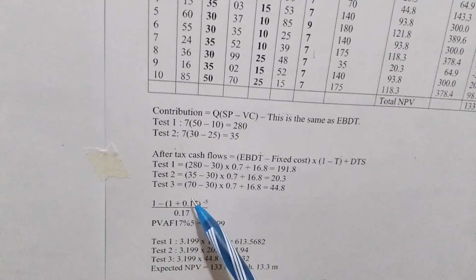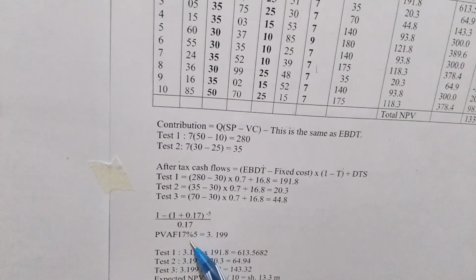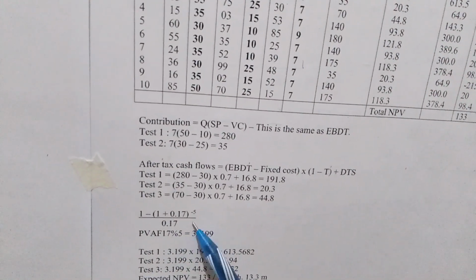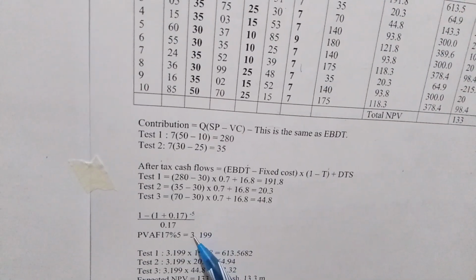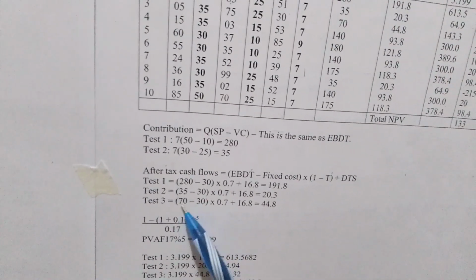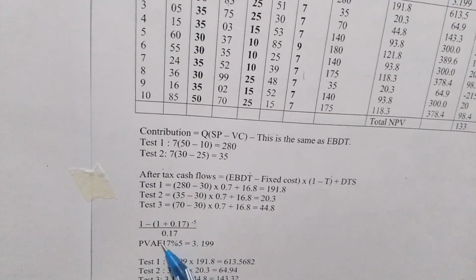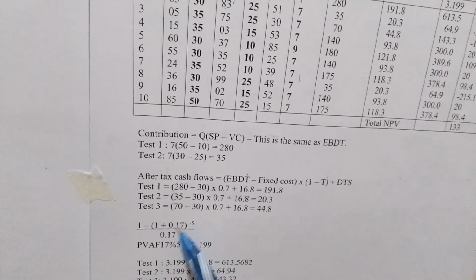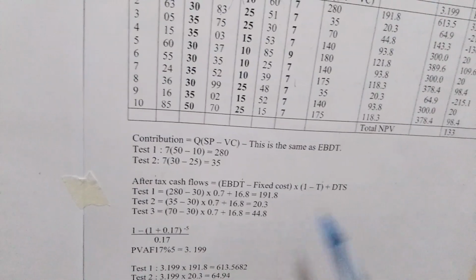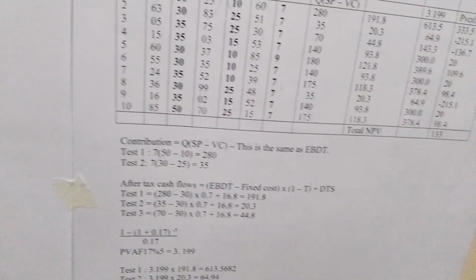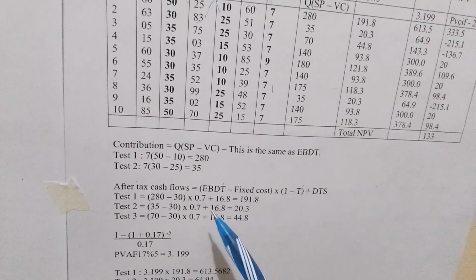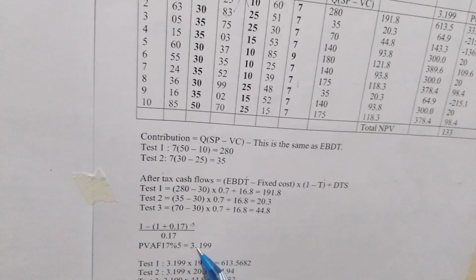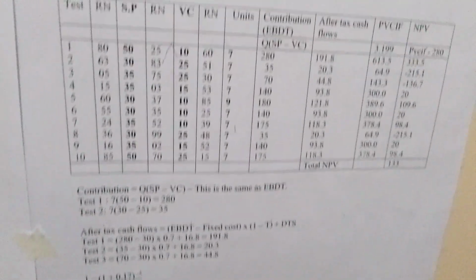So note what we have done here: we have calculated the present value annuity factor at 17% for 5 years, and we got 3.199 using this formula here. 1 minus, in brackets, 1 plus cost of capital, 0.17 or 17%, raised to the power of -5, all over the same r, and you are getting 3.199.